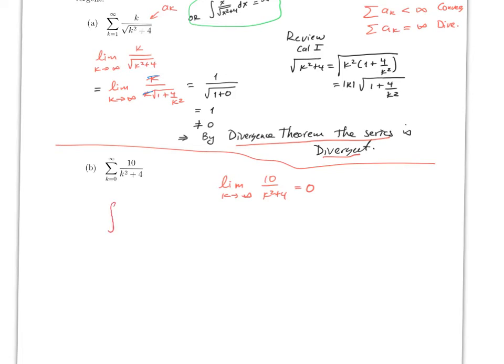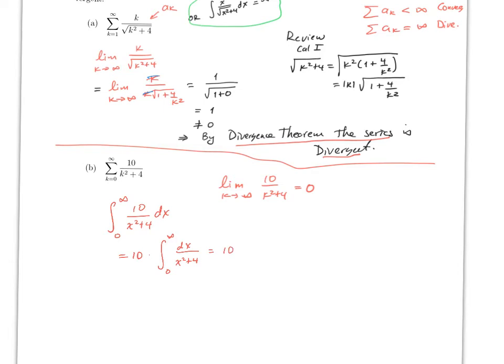So therefore, if we integrate from 0 to infinity of 10 over x squared plus 4 dx, you can take the 10 out, so this will be 10 times the integral of dx over x squared plus 4 from 0 to infinity.